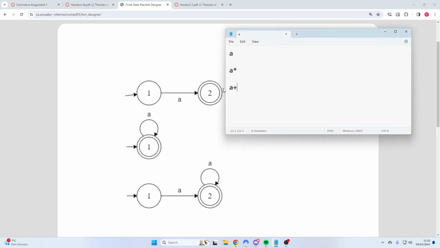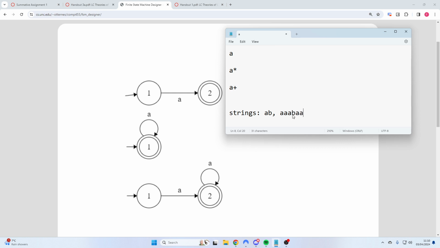So you might not be thinking of automaton in your head, but you could imagine if we had some strings, let's say A, we can read the top one as just 1A, accepted. If we had AB, we had 1A accepted, but we haven't processed for B yet, so we're going to have to reject it. The second one, A star, we just think any amount of A's, so this would be accepted.